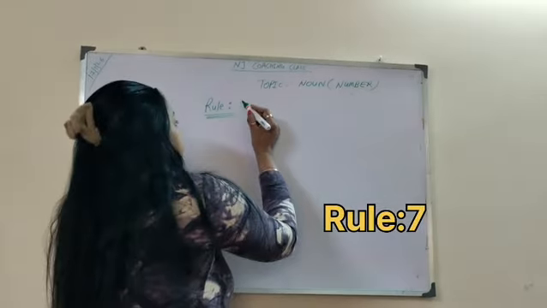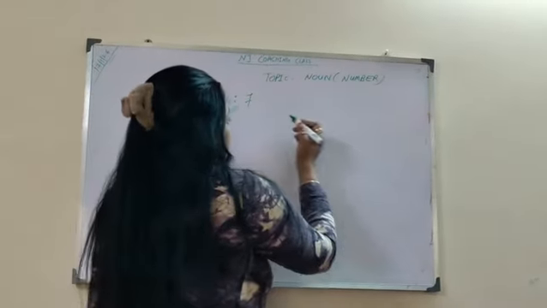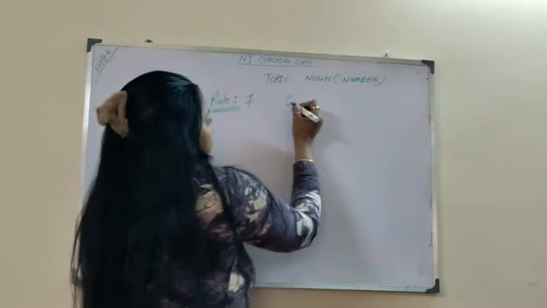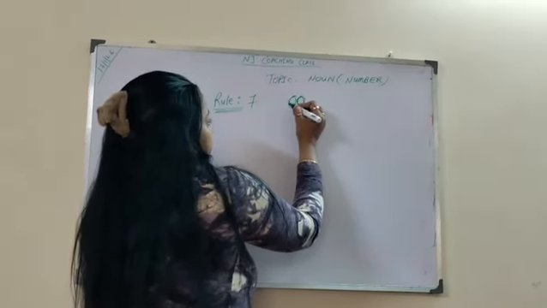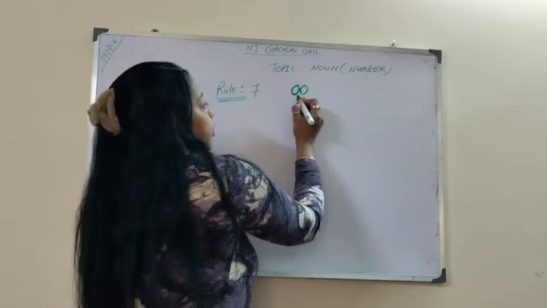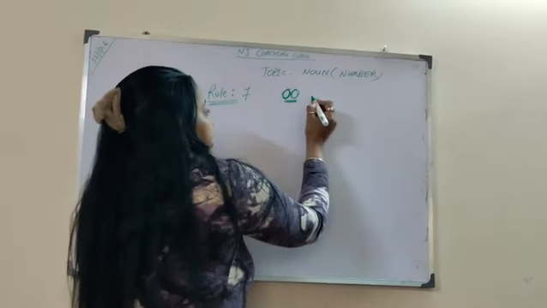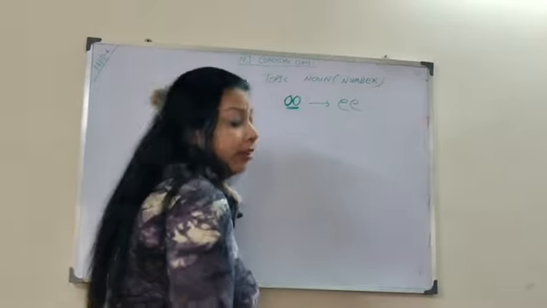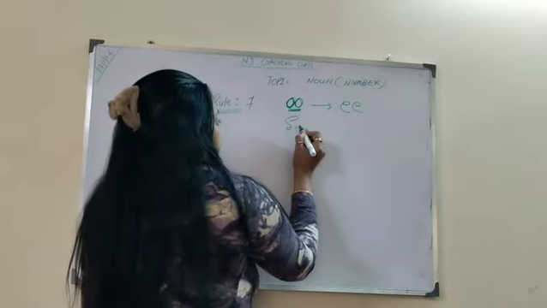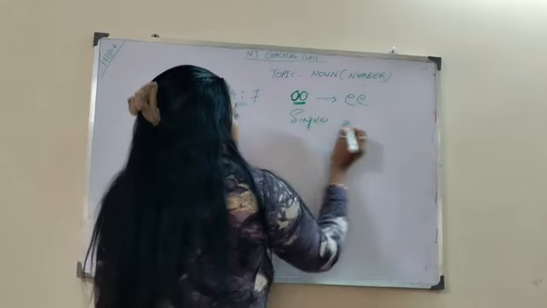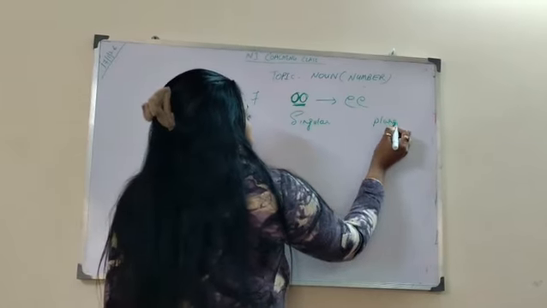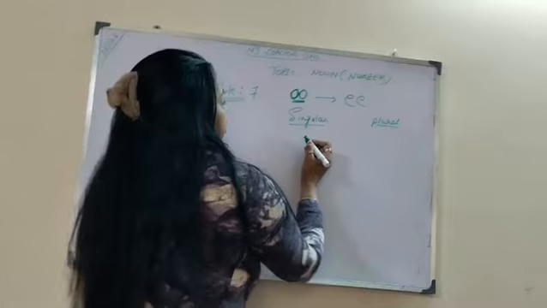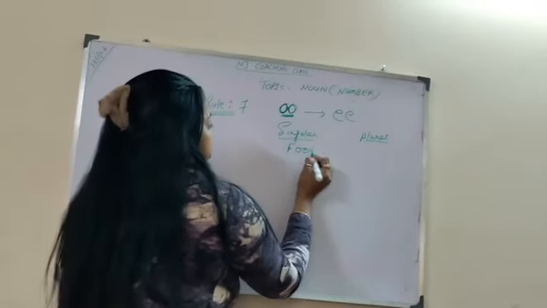Rule number 7. If we see double O in the middle, okay, then we have to remove this double O and add double E. For example, singular, plural. F double O T, foot.